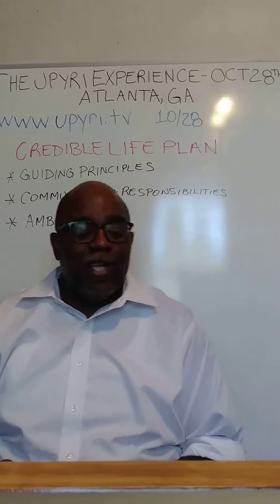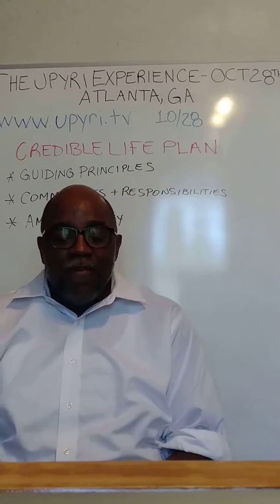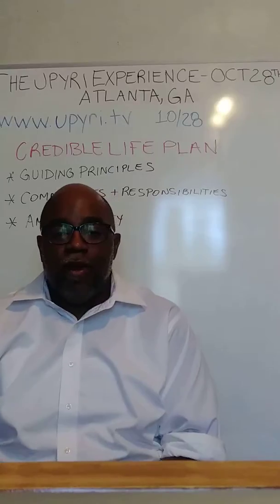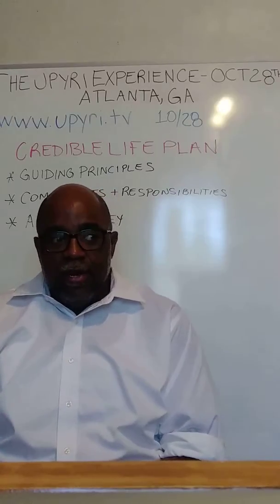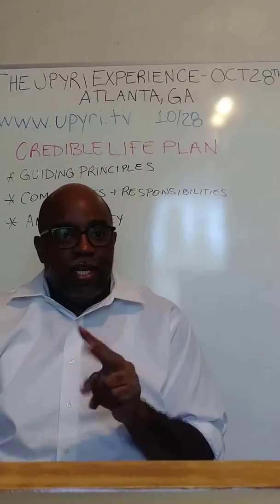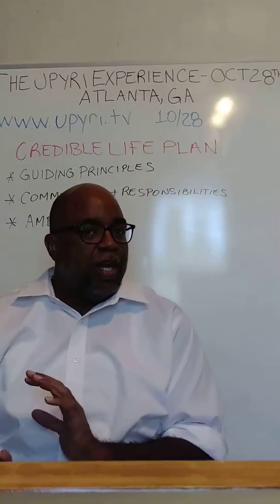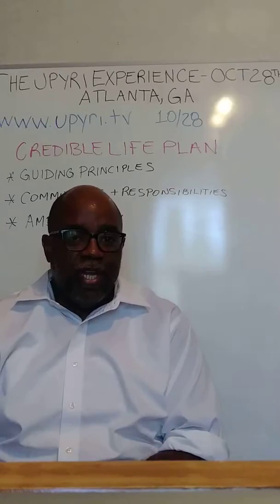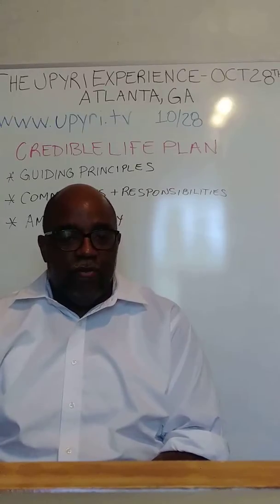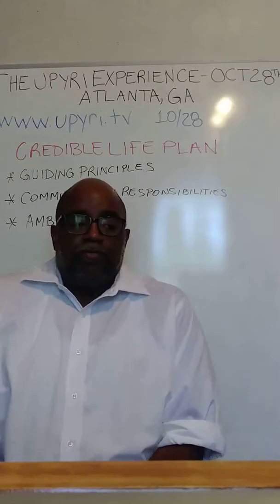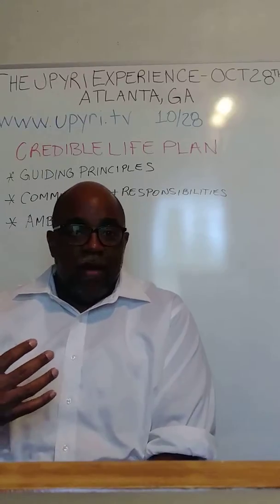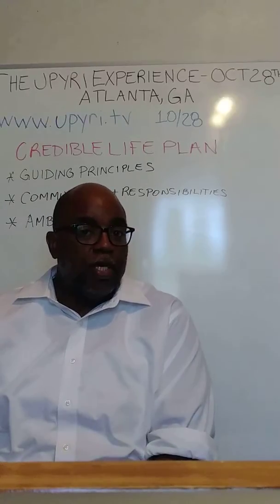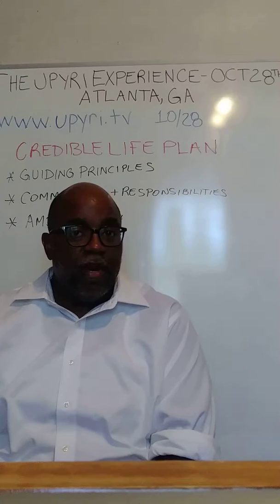Okay, so now we are finally to our credible life plan. I am actually going to do this video in two parts because it's a lot of information, and I want to make sure that you get it, and I don't want it to drone on. There are about 9 parts to the credible life plan.